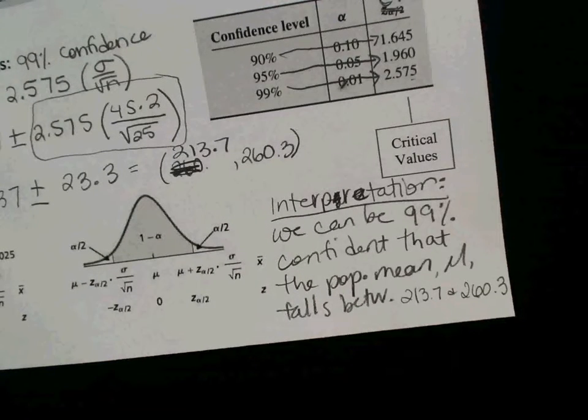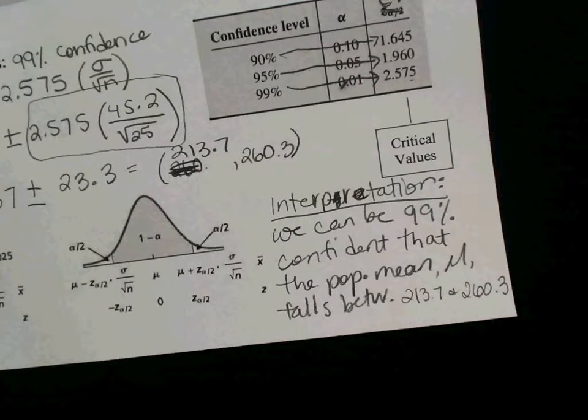So we can be 99% confident that the population mean mu falls between 213.7 and 260.3. That's the interpretation.